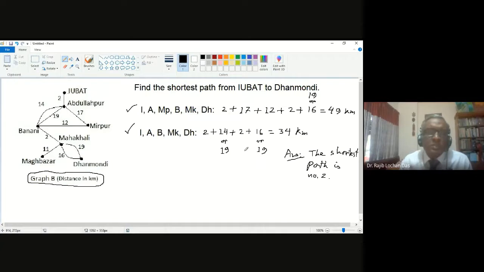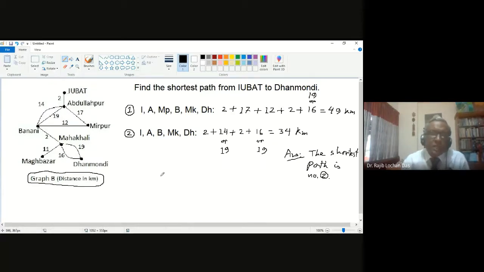Okay, this is number 2. This is number 1, and the second one is number 2. So we will say we have two options or two checking points, number 1 and number 2. So the answer is number 2. Fine. So that is all.